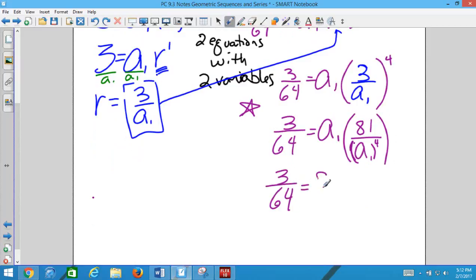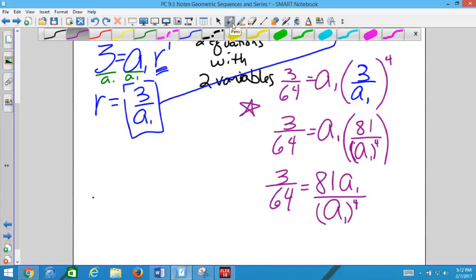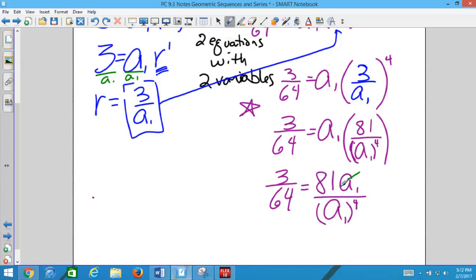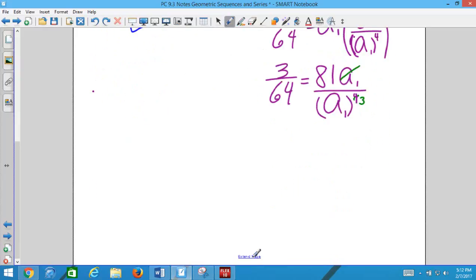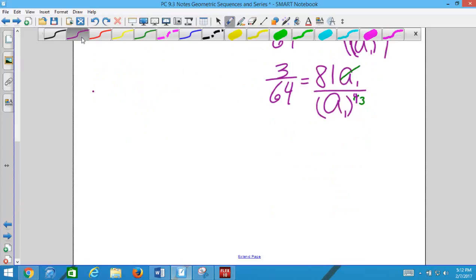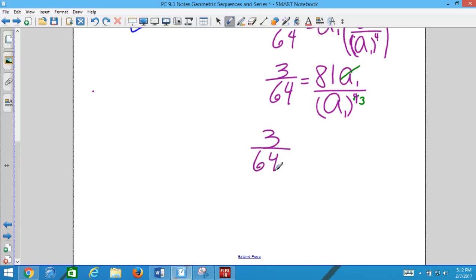So now when I multiply these together, I get 81 a sub 1 over a sub 1 to the 4th. And so we can cancel out one of the a sub 1's. So now I have 3 over 64 equals 81 over a sub 1 to the third power.